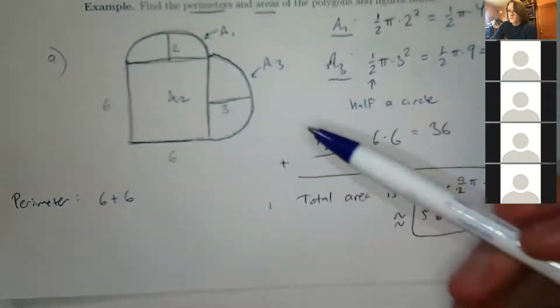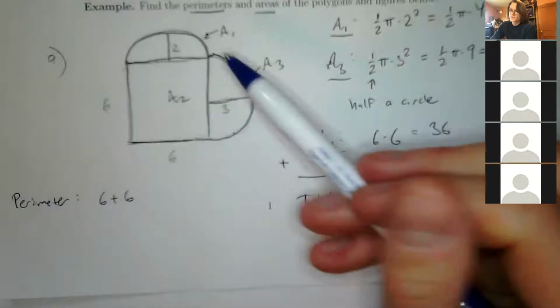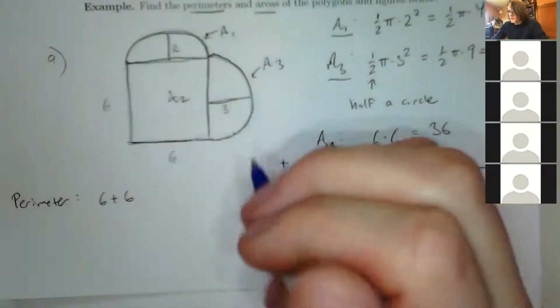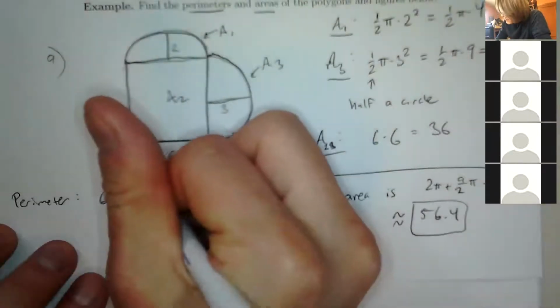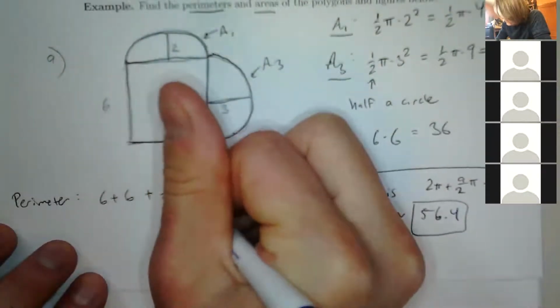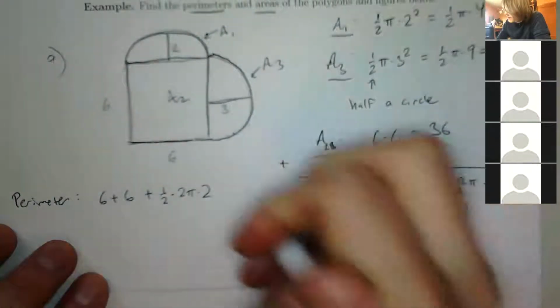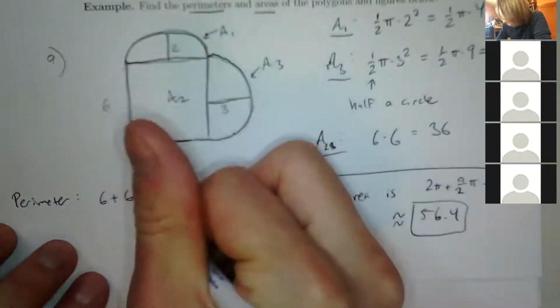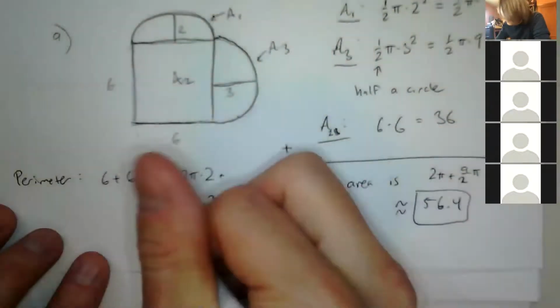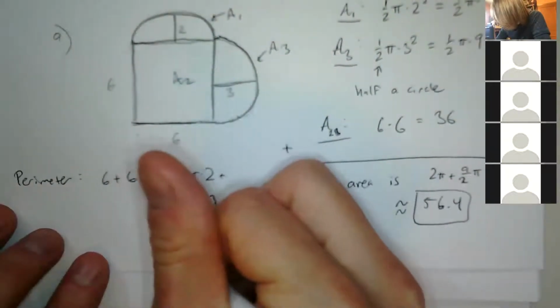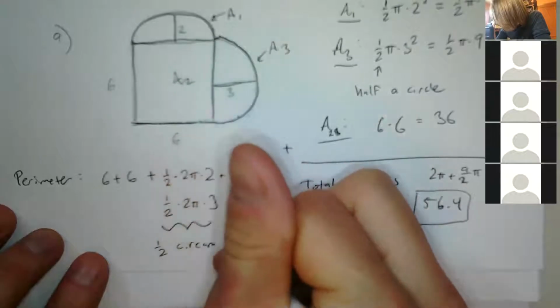So half the circumference of a circle with radius 3 and half the circumference of a circle of radius 2. So the circumference, recall, was what? Pi d, or 2 pi r. So it's going to be plus 1/2 times 2 pi times 2, and then plus 1/2 times 2 pi times 3. Right? So this is just 1/2 circumference.